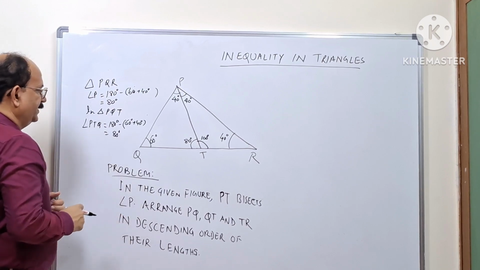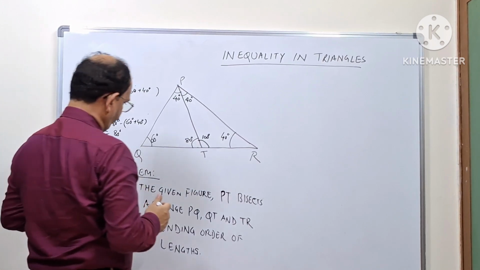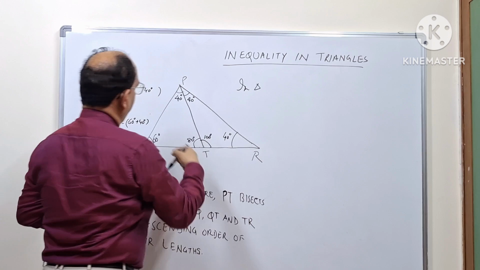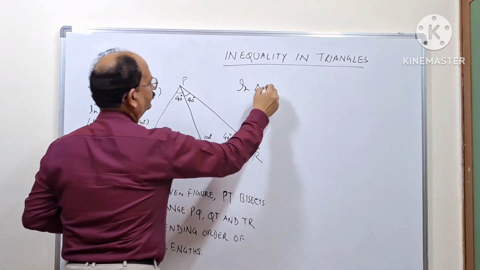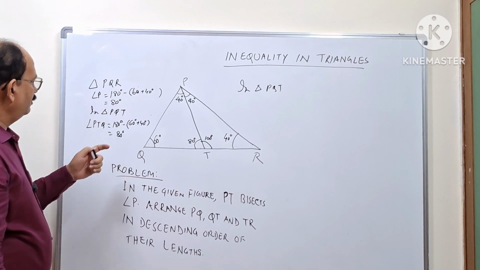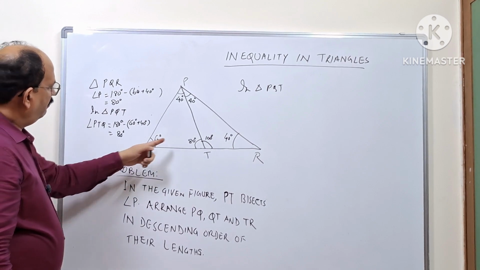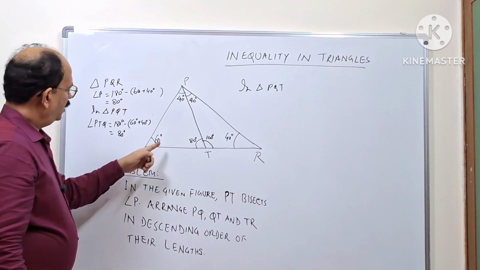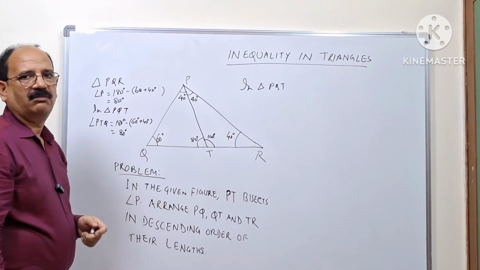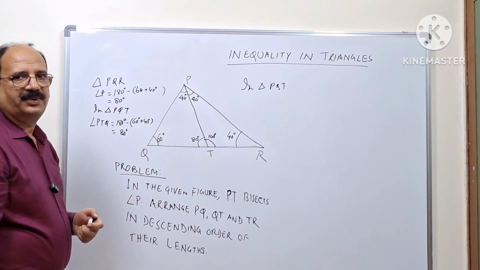Now let's look at triangle PQT, because we have to find out the relationship between PQ, QT and TR.